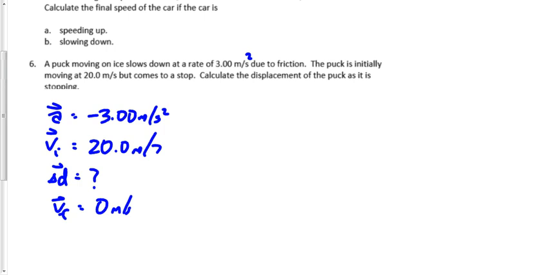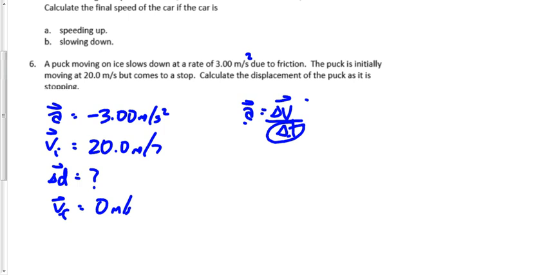How about this one? Do you have A? Delta V, VI, VF? Yep. T? No. You could solve for T here, right? But that's not what you're looking for. That's right. It's still okay because you could use the time in another equation to help you solve for the displacement, right?